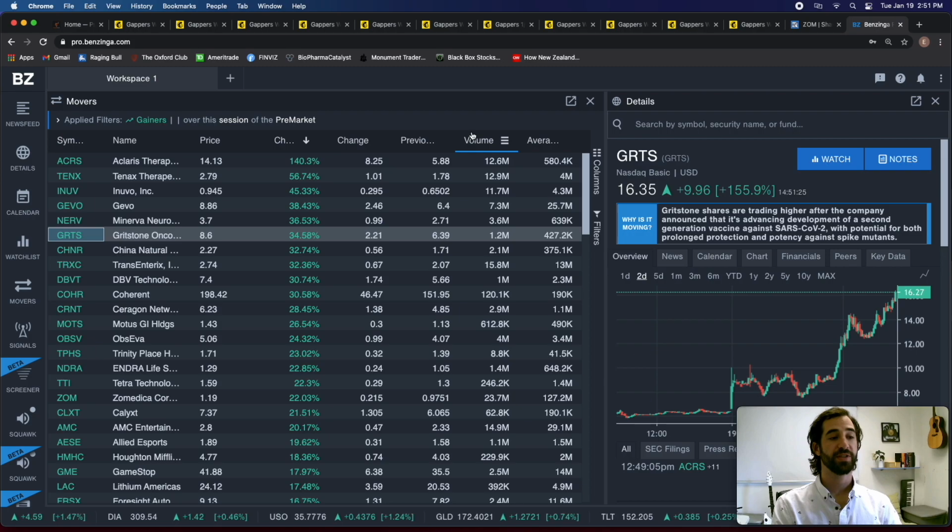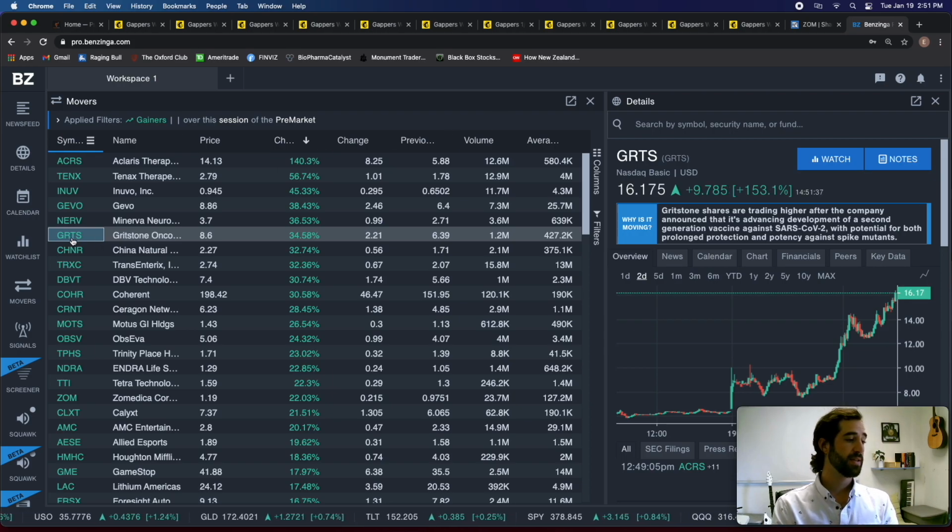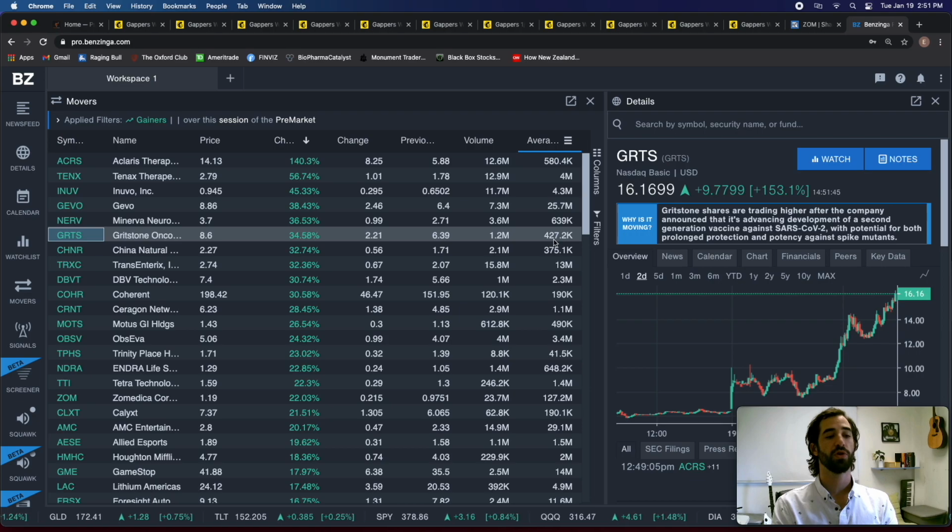Then we want to understand the relationship between the actual traded volume at that point in time versus the average traded volume of that stock for a given day. To give you an example, let's take ticker symbol GRTS, Gridstone Oncology. On average, this stock trades 427,000 shares per day.